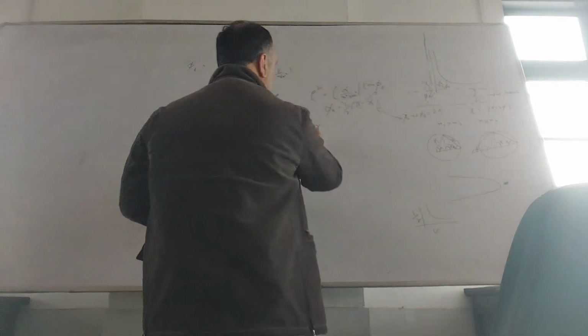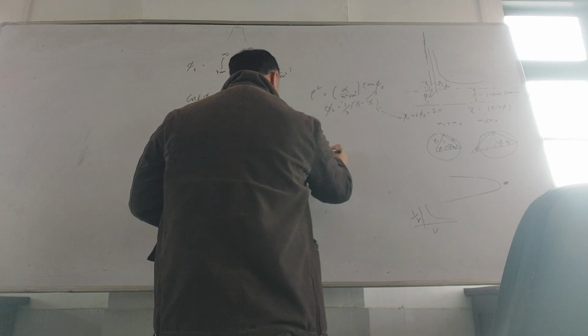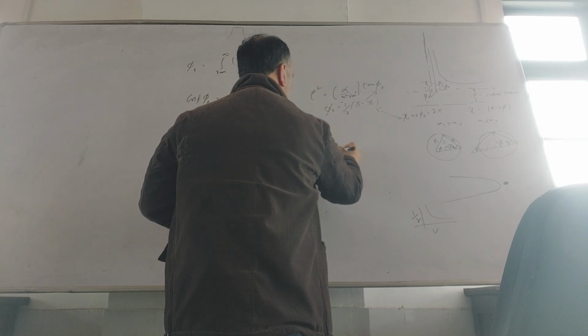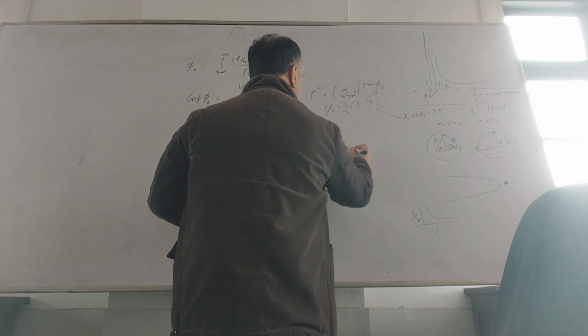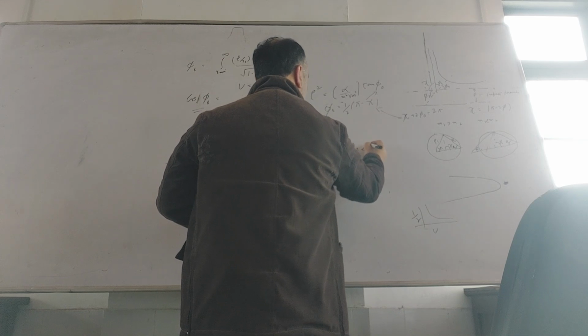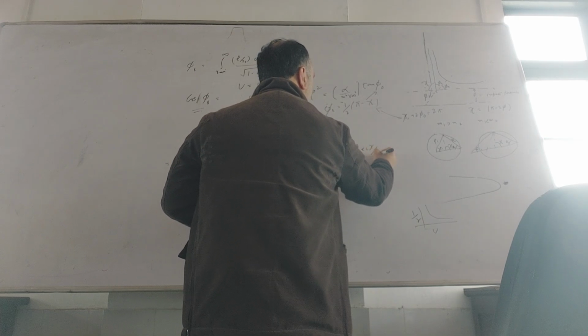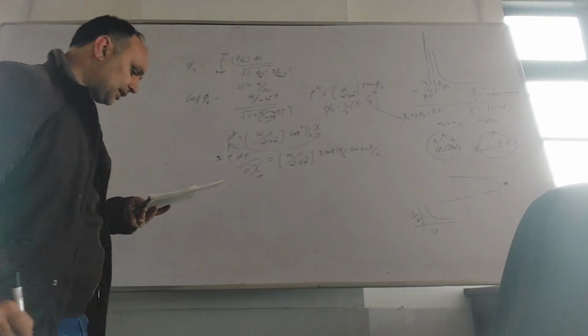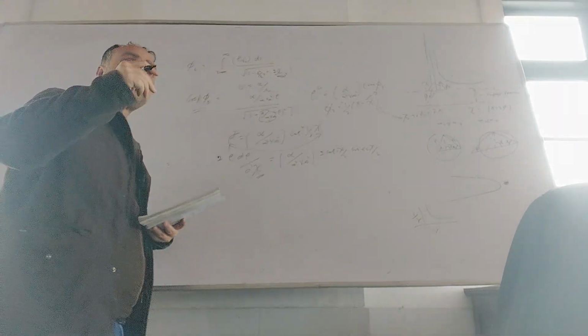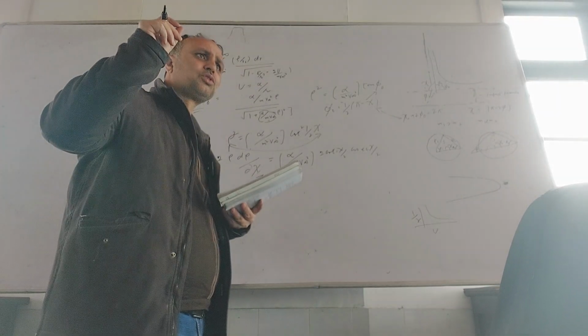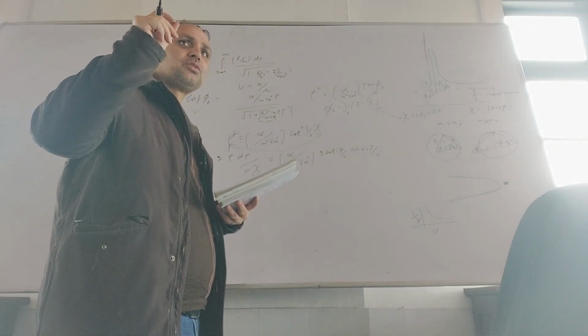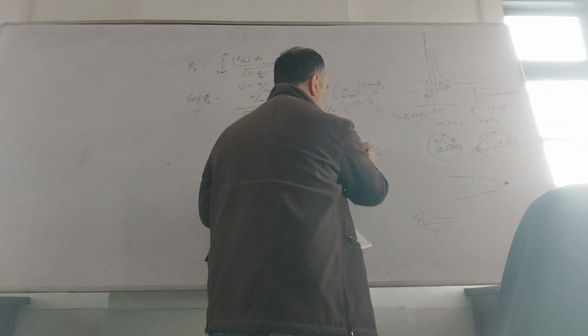times the differentiation, which will be 2 cot of chi by 2 into cosec. The differentiation of cot is cosec square, so minus cosec square.